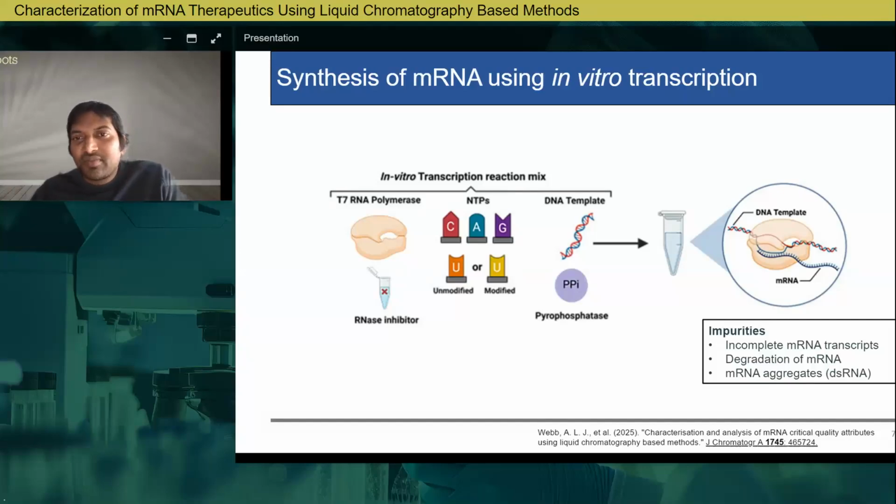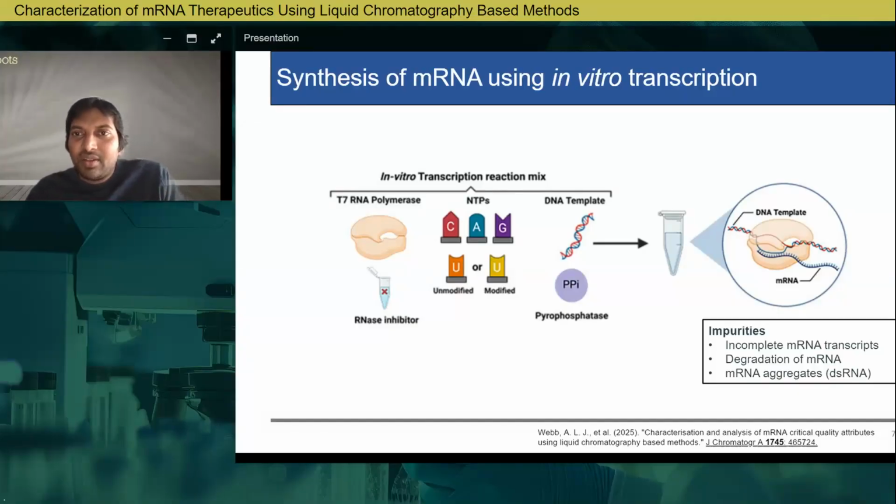These are all impurities which can completely destroy our mRNA product, which has to be packed into our lipid nanoparticle. So understanding these impurities and the whole mRNA is a very important, critical step. That's where we look at all the critical quality attributes and which methods are applied.